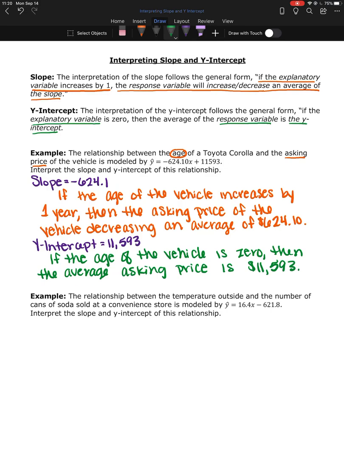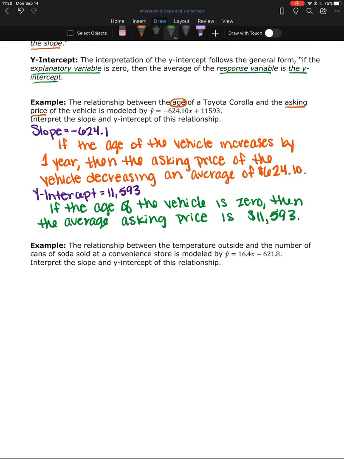So if the age of the vehicle is 0, if you have a brand new car, then on average, the dealers are asking $11,593 for these Toyota Corollas. So here's one example of how we can interpret the slope and the y-intercept.